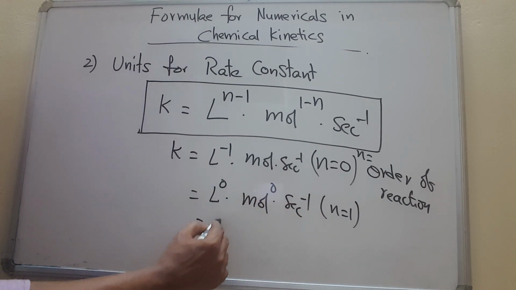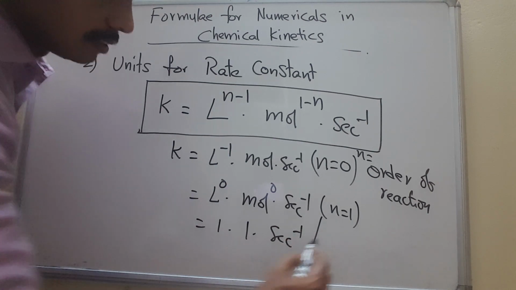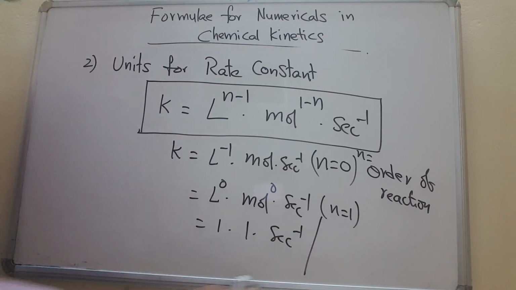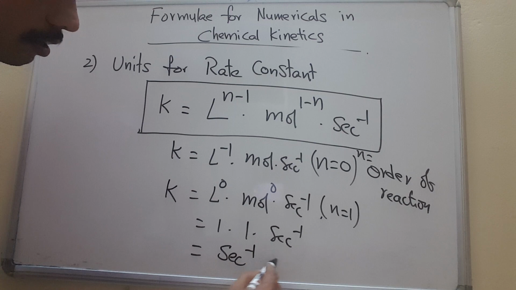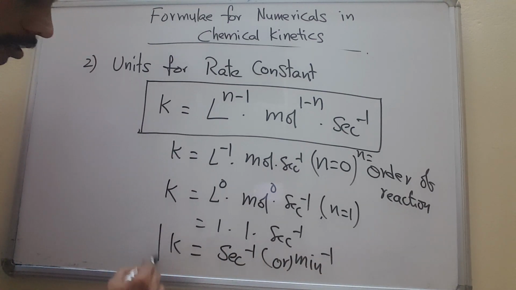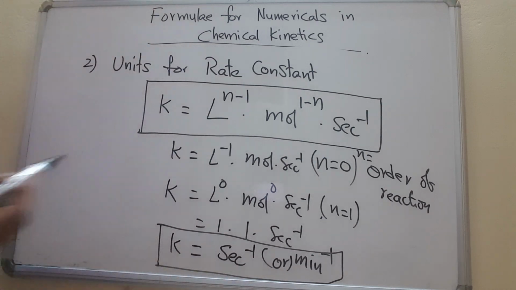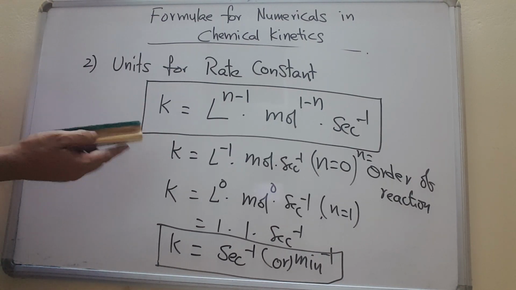Anything power 0 is equal to 1, so finally it is second inverse, the units for first order rate constant. So finally we can say second inverse or minute inverse. Okay. These are the units for first order rate constants. Like that you can calculate for second order and third order also. This is very important for objective questions.